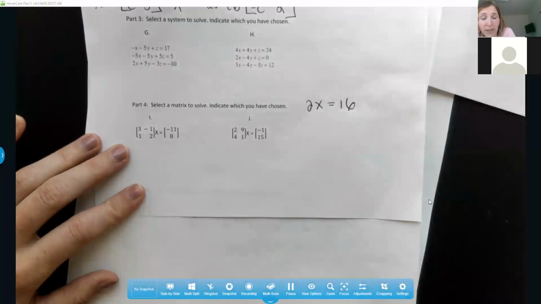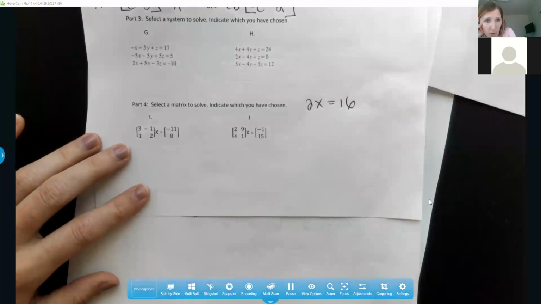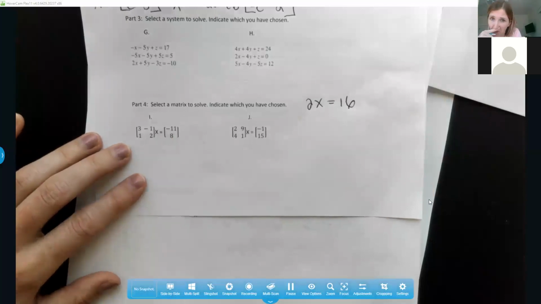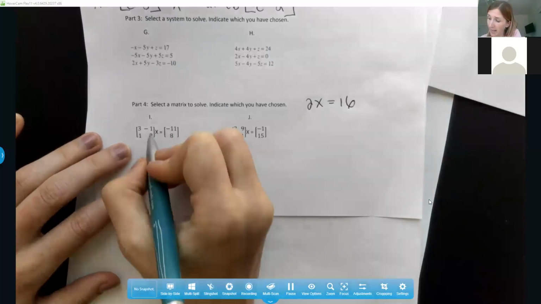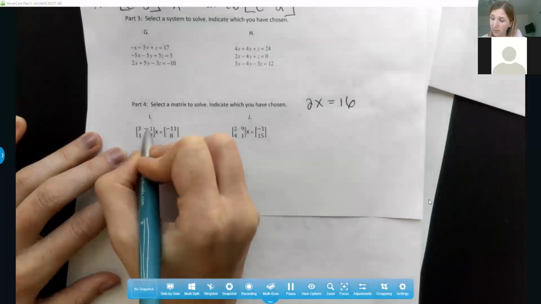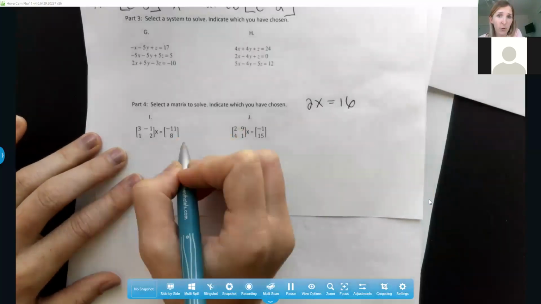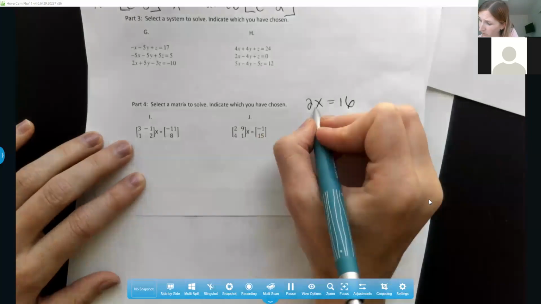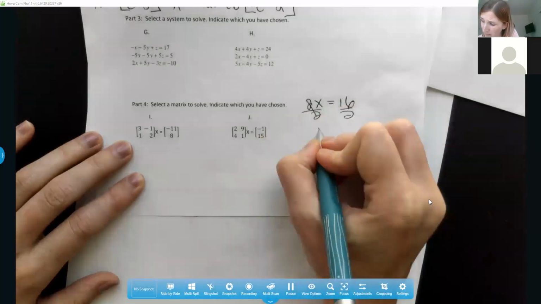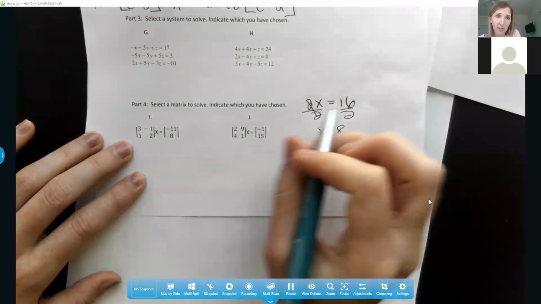The problem is we can't divide matrices. It's just not possible. So in order to solve, what we have to do is get x by itself. So we basically want to cancel out this matrix. Normally what we would do to cancel it out is divide, right? If we divided both sides by 2, we get x equals 8.